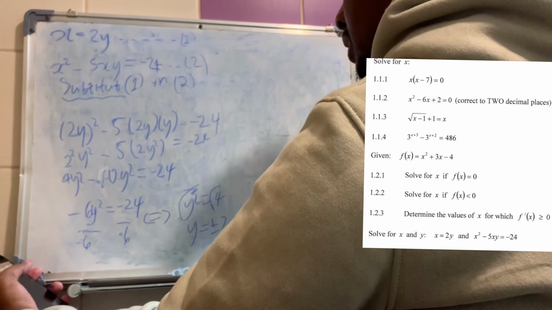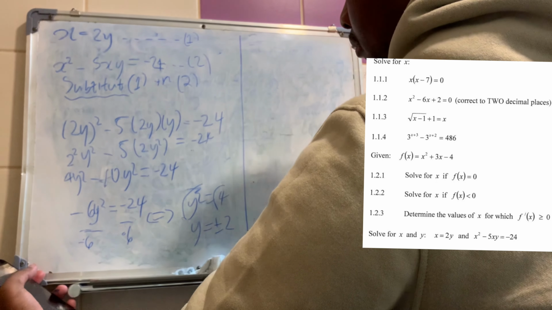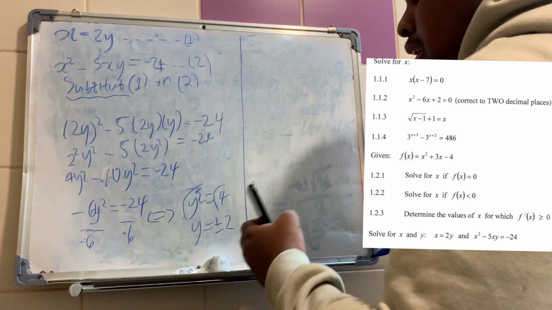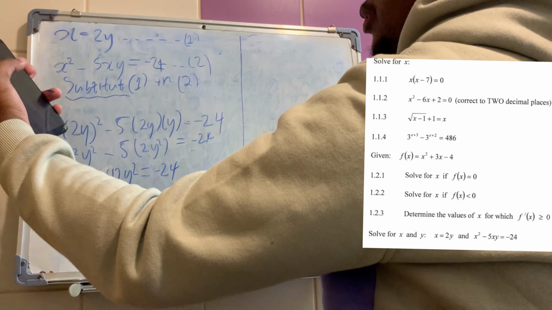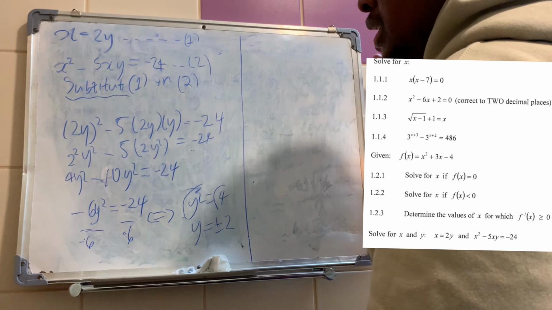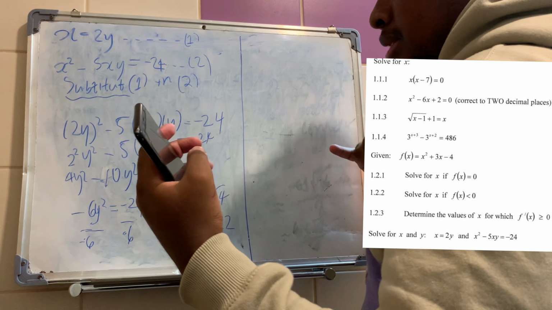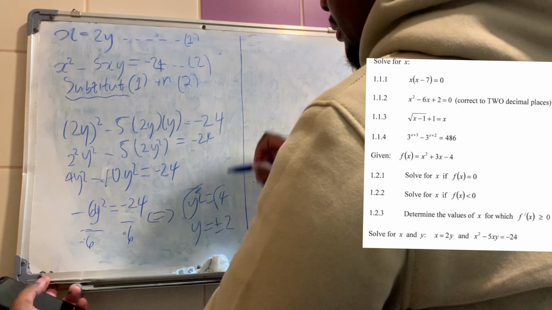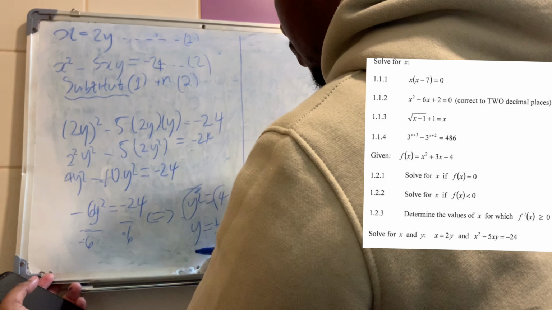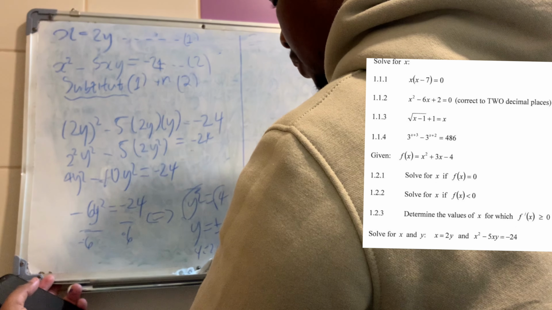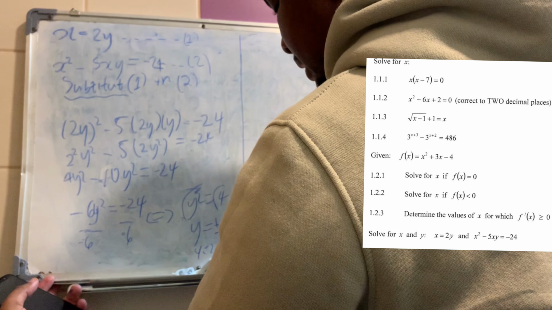Then, having y, you have to look for x, because the question says solve for x and y. So y is equal to 2 or y is equal to minus 2.